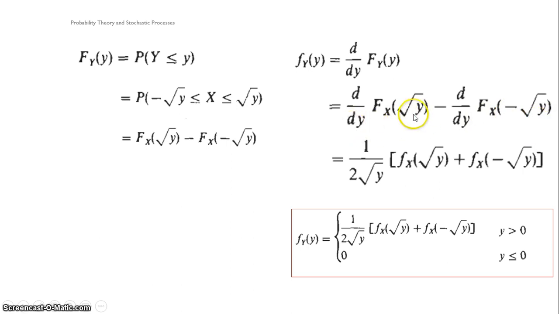You know the differentiation of the distribution function is nothing but the density function. Differentiation of root y is 1 by 2 root y. Therefore the density function is 1 by 2 root y times f_X of plus root y plus f_X of minus root y, for y greater than 0.